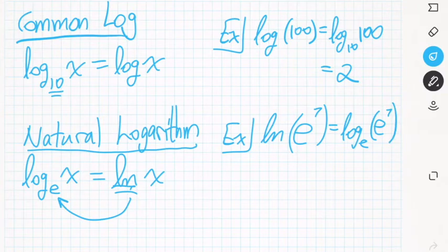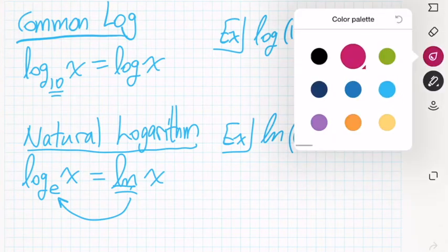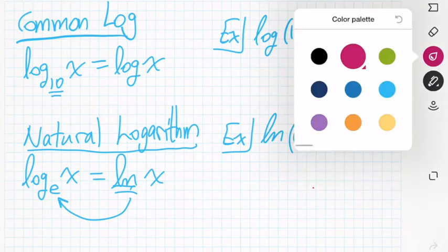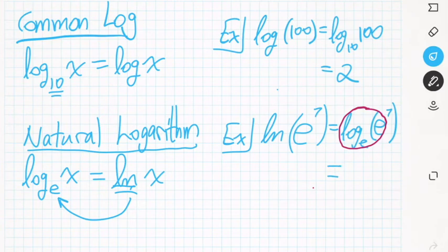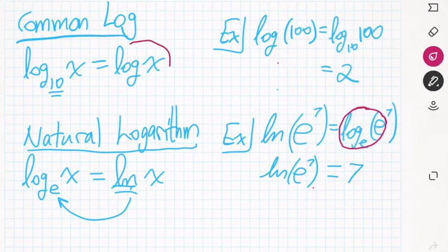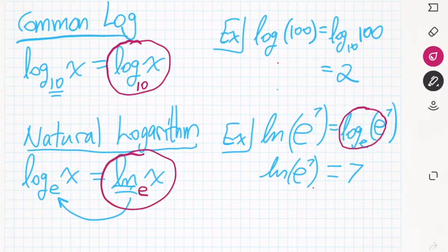And we can use the inverse properties of logarithms, where these two are touching each other and they go poof, and all you're left with is 7. So the ln of e to the 7 is equal to 7 because of the inverse properties of logarithms and exponential functions. So that's just the common log and the natural log. Again, it's really important, if you do not see a base under a log, it's understood to be 10. And if you see this ln, you have to remember the base is e.